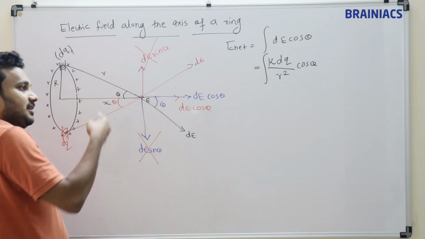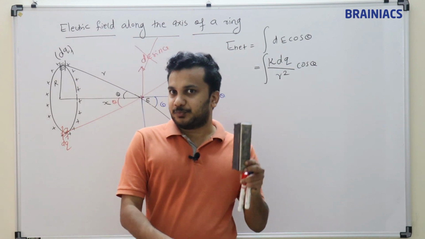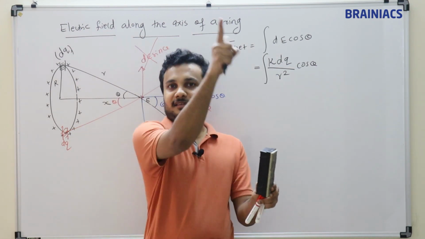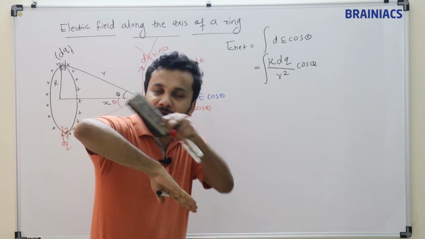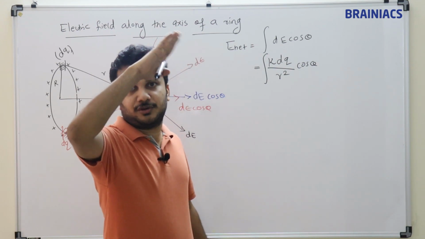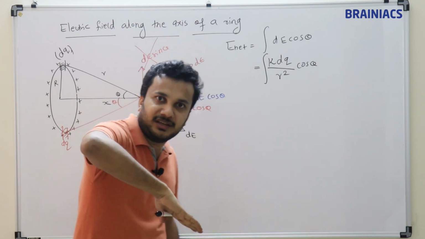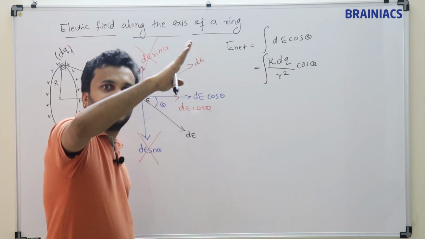The ring is placed like this. If you are looking from your side, you can assume the ring is like this. So this is one line, this is one line, and all of them are touching different positions of the ring. So this is one small letter r, this is another r, another r, and another r.